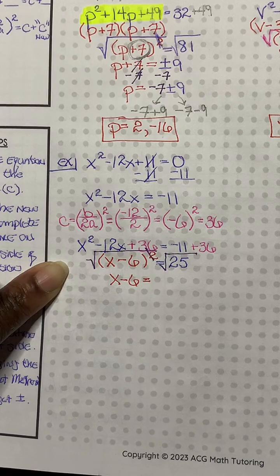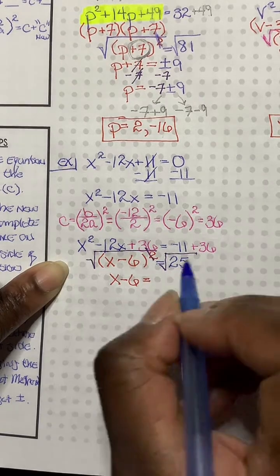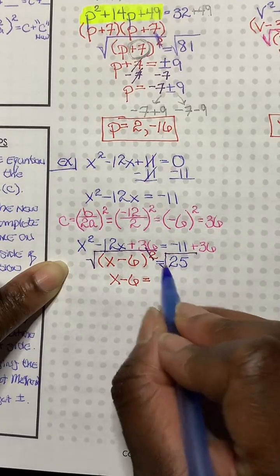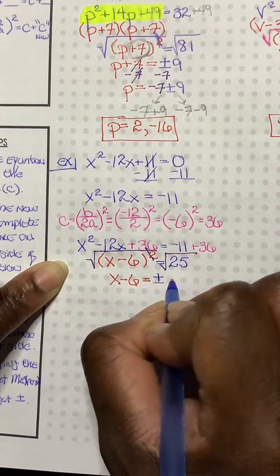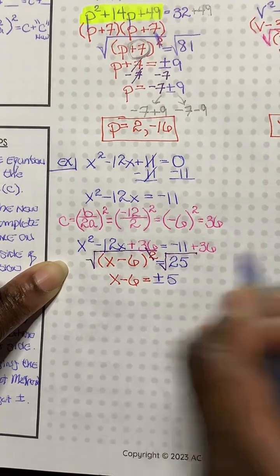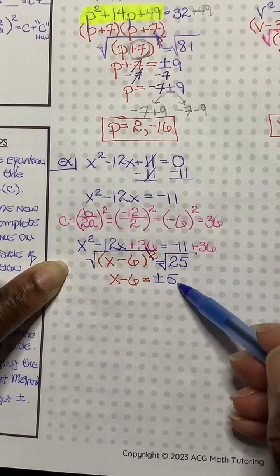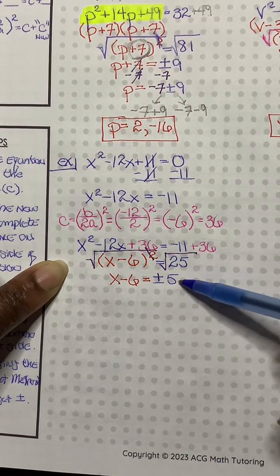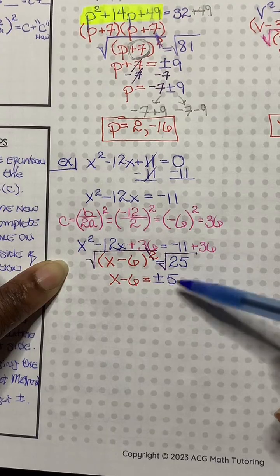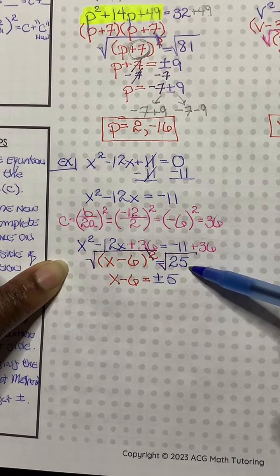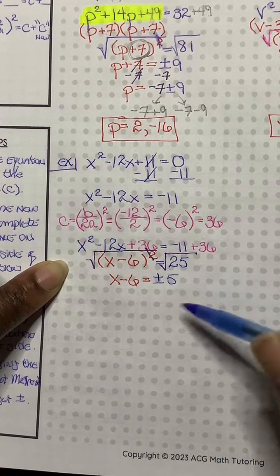Yes, there we go. Anytime we're coming out of a square root, we should be thinking plus or minus. And since 25 is a perfect square, we got our 5, because 5 times 5 gives me 25, and negative 5 times negative 5 also gives me 25. So that's why we have two values.